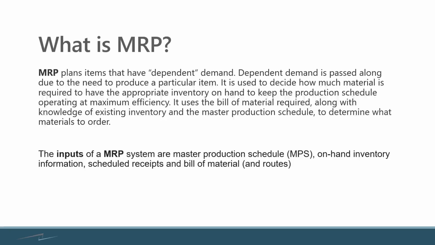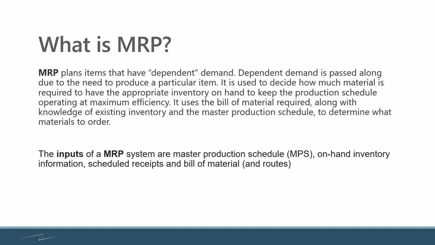MRP, on the other hand, looks at dependent demand. It says, what are some of the variables in my business that maybe I can use to flex and modify my downstream requirements? So MRP items have dependent demand.